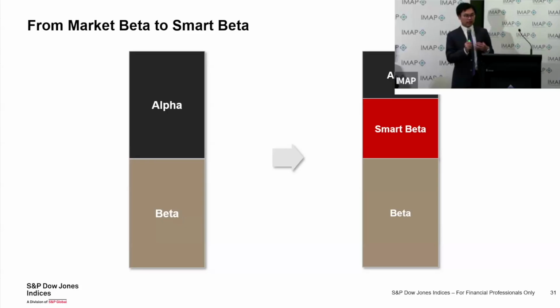So as we can construct factor indices, the ETF issuers can use factor indices to package them into ETFs, right? Which is, again, a low-cost systematic rule-based approach. So now, instead of paying a traditional active manager quite expensive fees, you can get some of the factor exposures in a relatively cost-efficient manner.